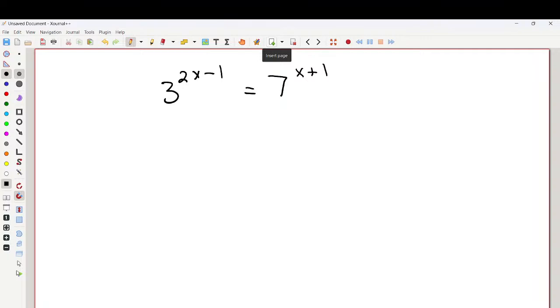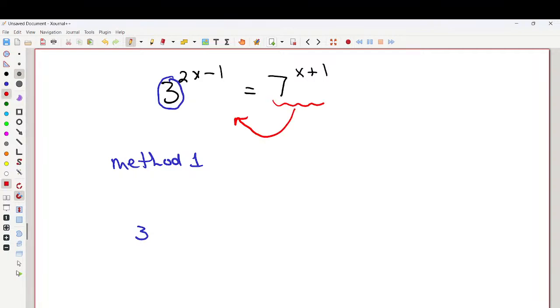Here's where method 1 kind of fails. So don't even bother writing it. But if I were to try method 1, I would say, all right, keep the base and swap all of this with this.